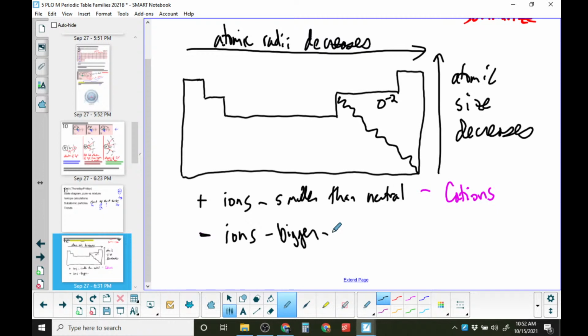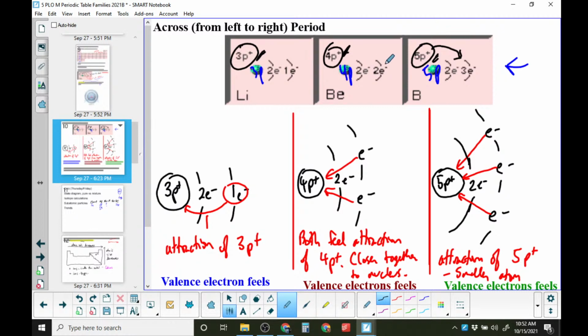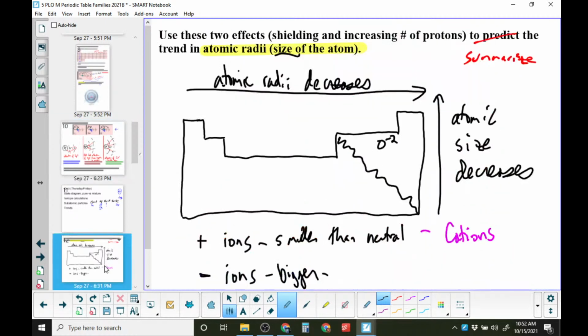What happens, because if your explanation was true, then as you go across, these should also get bigger because you're adding more electrons and you'll be adding more probability. Yeah, but the protons have a higher impact. The protons do have a higher impact. So yeah, you could explain your way around it, which is good.